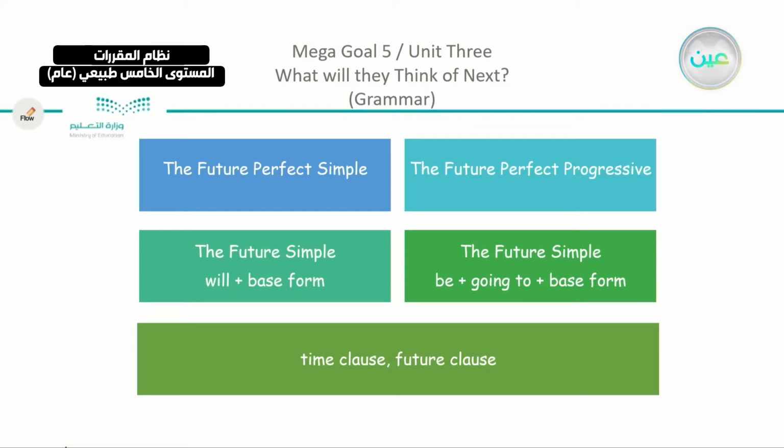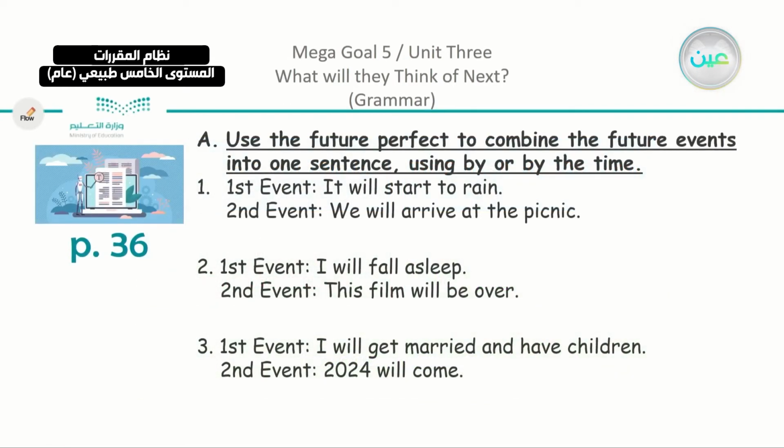So just to apply the exercises, as we said, the first exercise in your book is to use the future perfect to combine. You have two parts. We are going to combine the future events into one sentence using by or by the time. Before I start, I'm going to give you some examples.